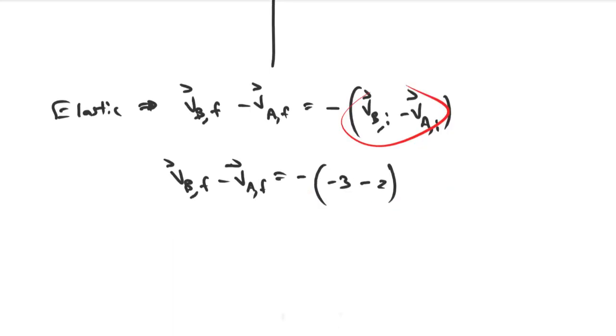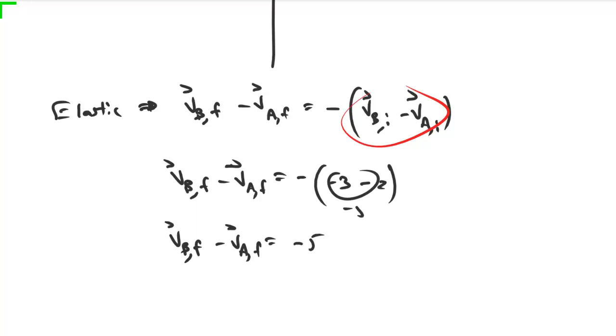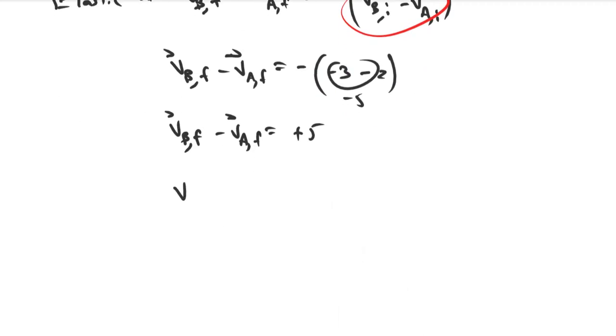And what this results in is VB final minus VA final is equal to negative of negative 5, and then we have a negative in front of that, so it's a positive 5, yes?